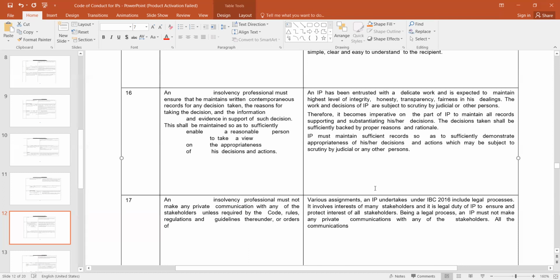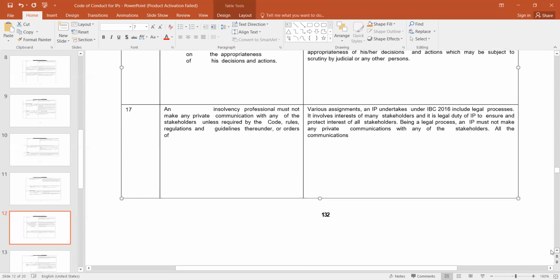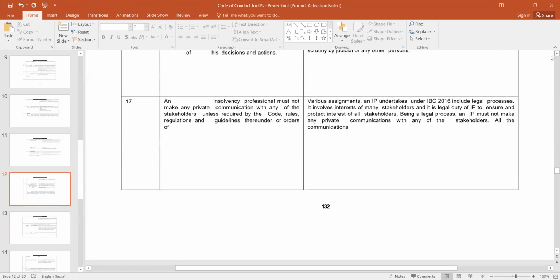An insolvency professional must not make any private communication with any of the stakeholders unless required by the court, rules, regulations, and guidelines thereunder, or orders of the adjudicating authority. So what it says is that whatever communication you are entering into should be public communication.